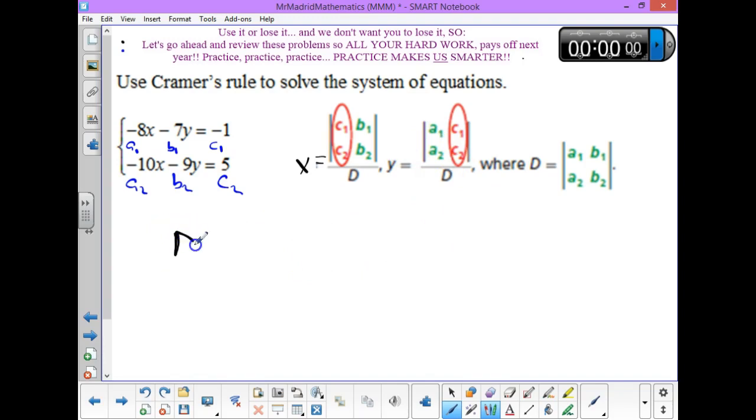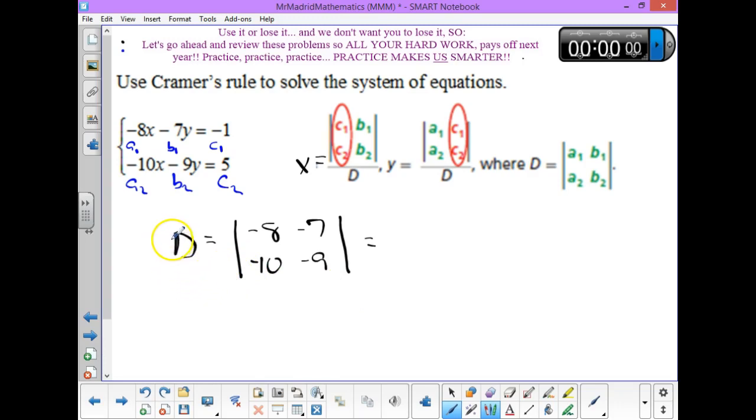So let's take a look at D. It's asking for A1, B1, so negative 8, then B1, negative 7. And it needs A2 and B2, so here's A2, and B2, negative 9. This is where you would put it in the calculator just like yesterday. This is the determinant, and it'd give you the answer there. I'm not going to go through that to save time on this video.